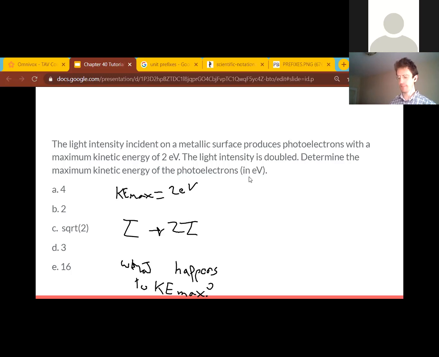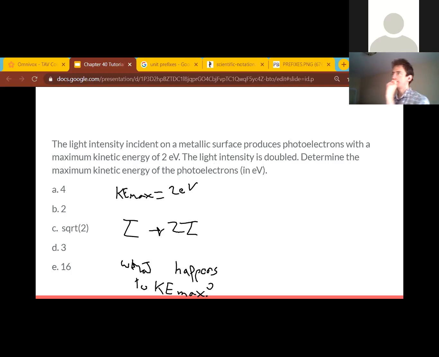Okay, so based on what we learned about quantum mechanics, does the intensity of light determine the energy of its photons? Yes or no? What do we think?